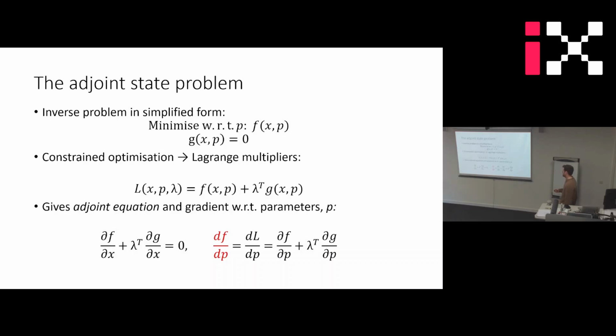So the idea is you solve the adjoint equation for lambda, and then you plug the lambda value in here, and then you get the gradients that you want. You've now got quite a few equations to solve, but you've got access to the gradients of your target with respect to your parameters, exactly what you wanted. So this is the adjoint state method and how you can include your differential equation, your constraint in your optimization process.